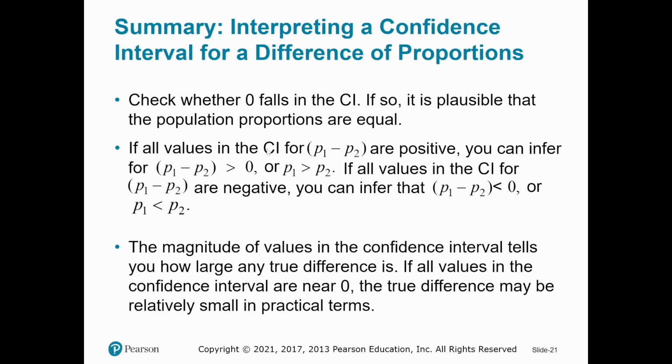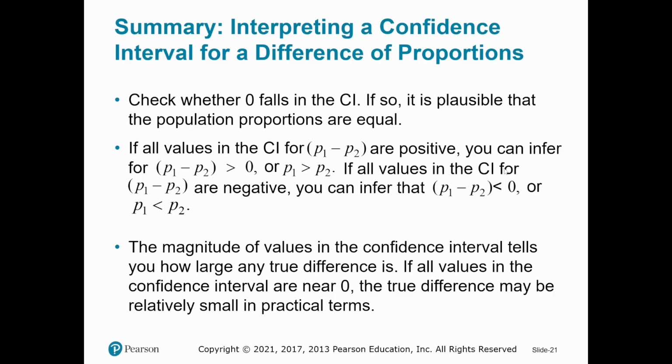If all the values in the confidence interval for the difference in proportions are positive, you can infer the first proportion minus the second proportion is greater than 0, or P1 is greater than P2, because if the first proportion is greater than the second, the difference will be positive, greater than 0. Now, what you really do is you look at the endpoints, or what are also called the bounds.